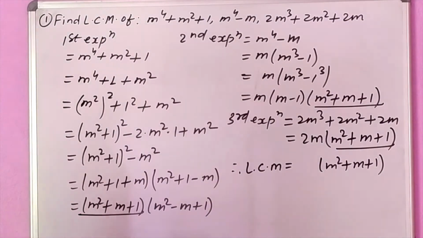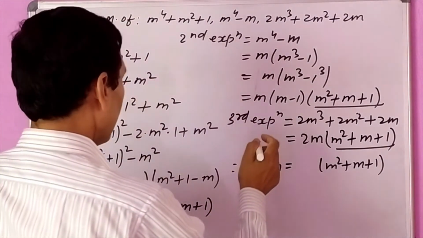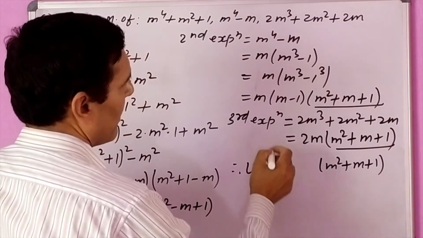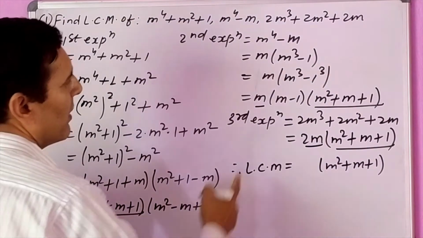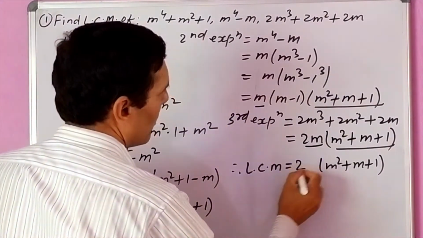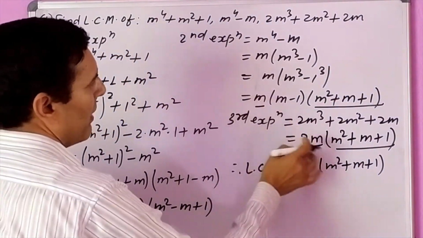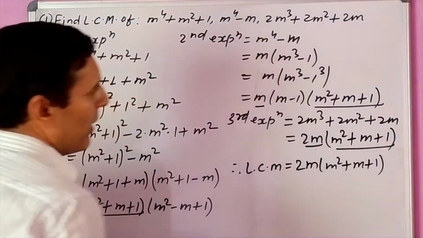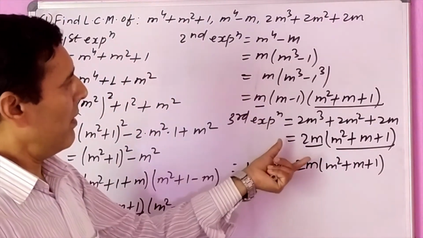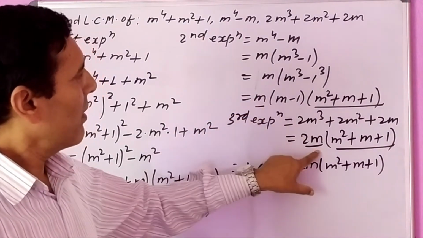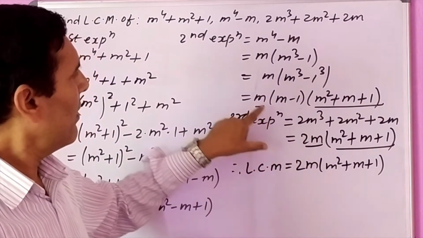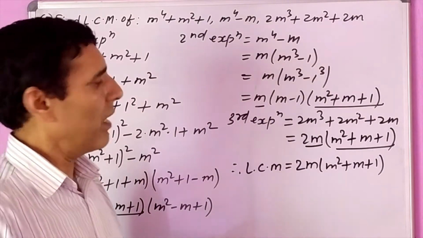No. So what are the remaining factors? Outside of the bracket, here is m, and here you can see 2m. So we take 2m, with m common from the second and third and 2 which is not common.